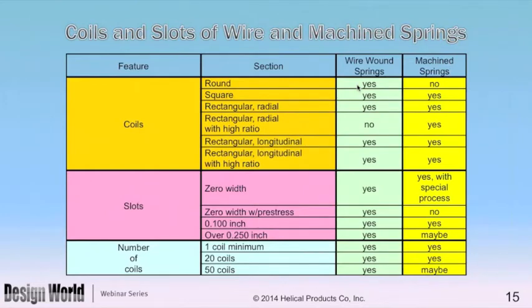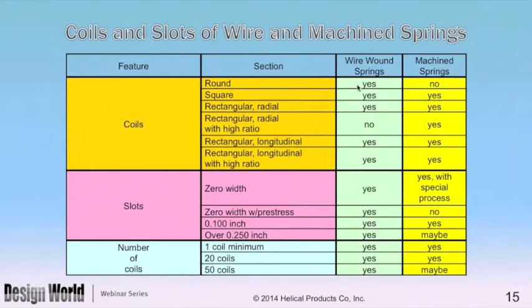Here's a good one. Zero with pre-stress, something you expect to see in a screen door spring or something like that, and also a lot of other technical things. But this is readily available in wire, and unfortunately is not available in machine spring. So if you need that pre-stressed, the wire is probably the best choice.